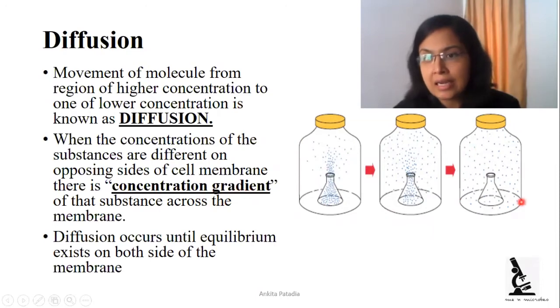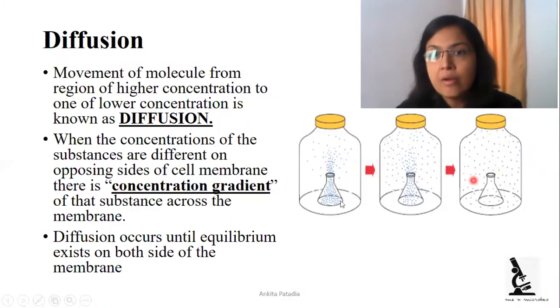Here we can see equilibrium in the third jar. This is one continuous process, not three different jars: the first jar, then after some time the second, and finally equilibrium occurs and the diffusion is finished.